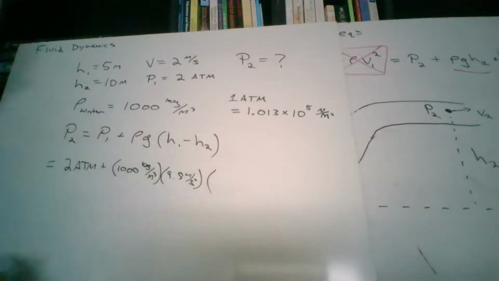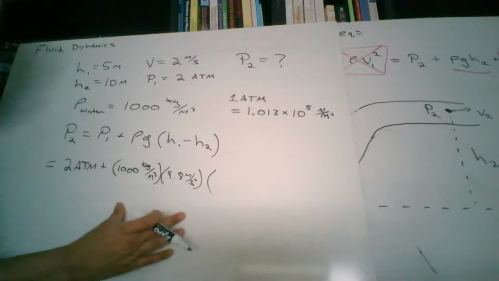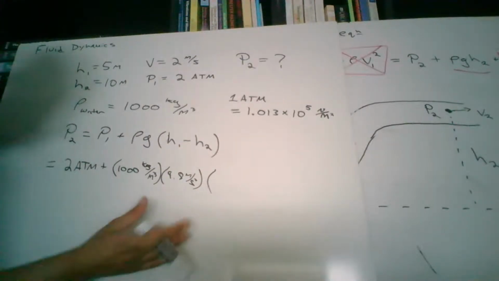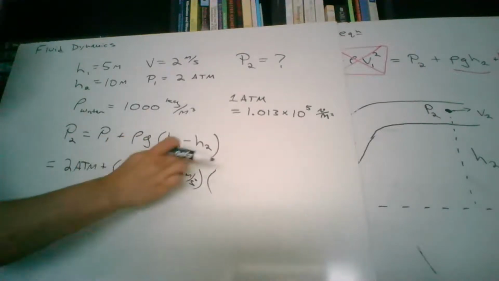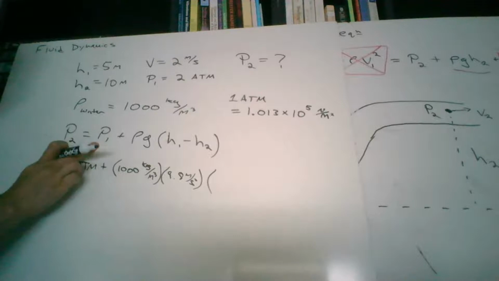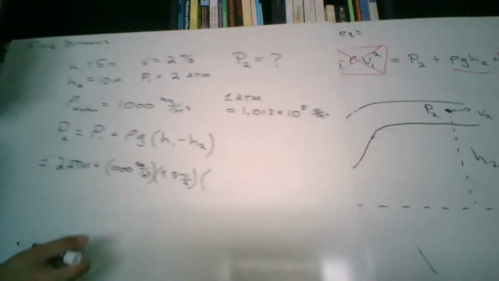And then we multiply this together. Now H1 is less than H2. Already you should understand what that implies. If H1 is less than H2, this is going to be a negative number. So when you take a positive number and subtract from it, pressure 2 is going to be less than pressure 1, just from this equation right here. But we could plug it in and see.